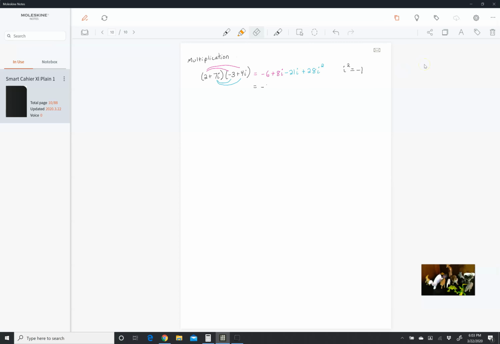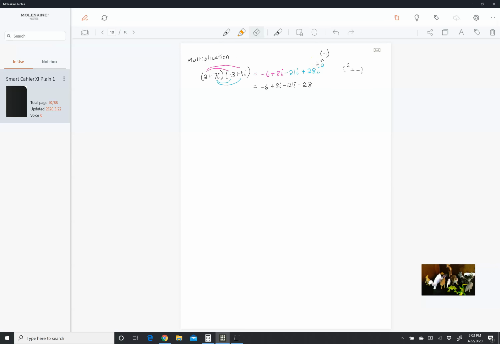So you have negative 6. I'm going to put in this step. You can skip this step. Minus 28. If you're somebody who's prone to some careless mistakes, I would not skip this step, okay? Or I would at least, above the i squared, just put a little negative 1 like this.